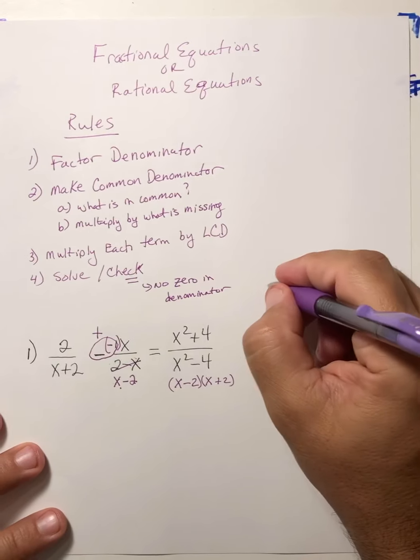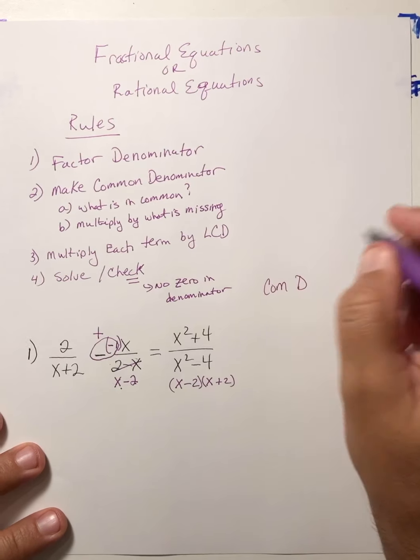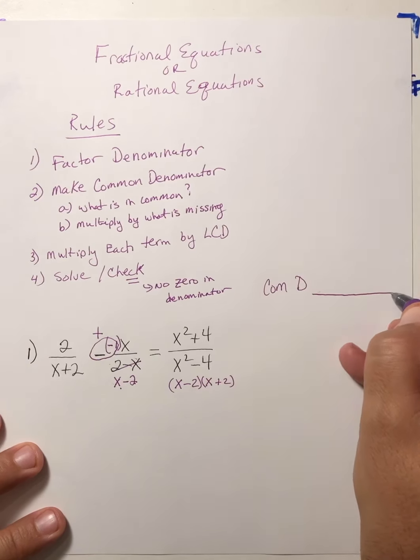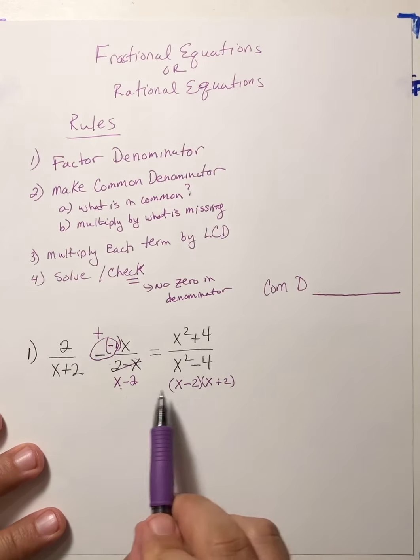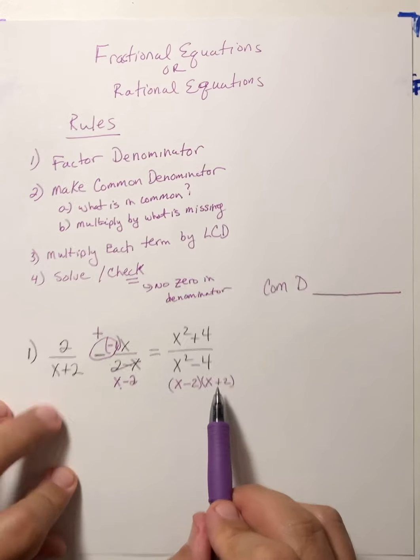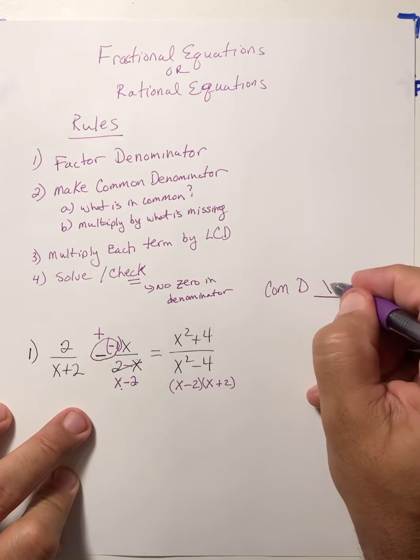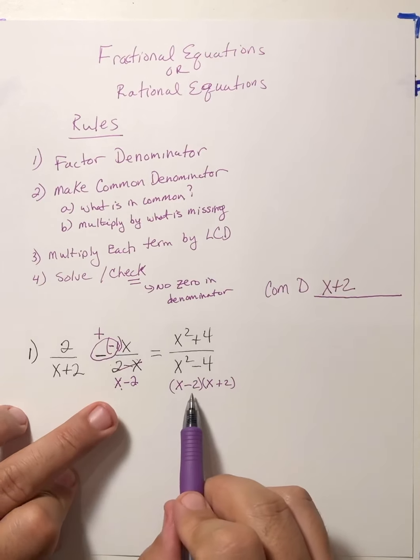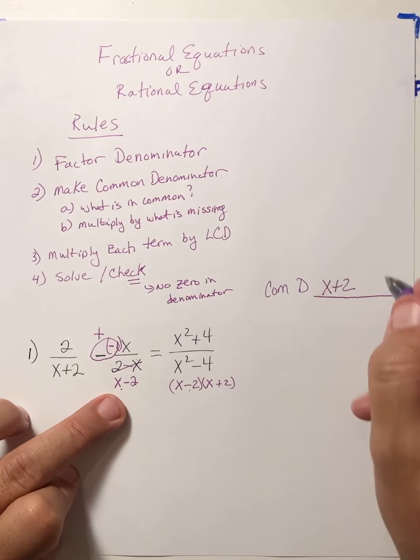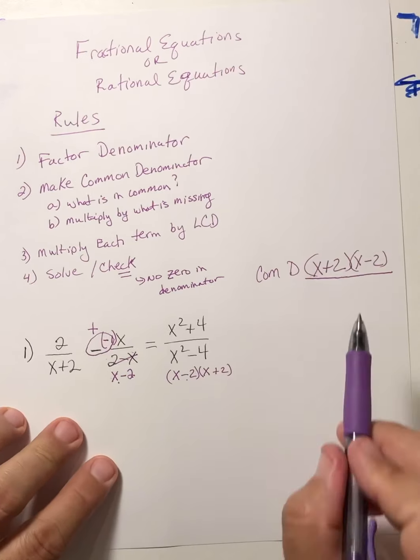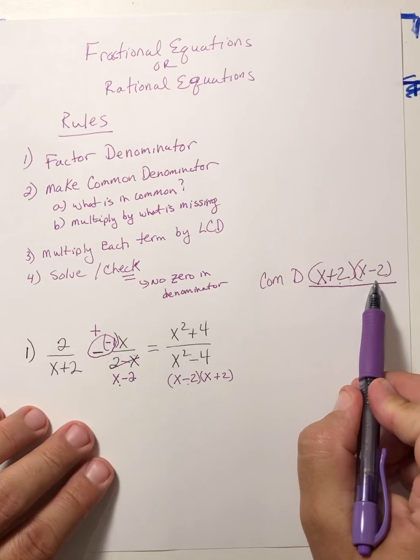Here's my common denominator, I'm going to write it out over here. There's an x plus 2 here, and there's an x plus 2 here. They have an x plus 2 in common, and these two have an x minus 2. So our common denominator is x plus 2, x minus 2.